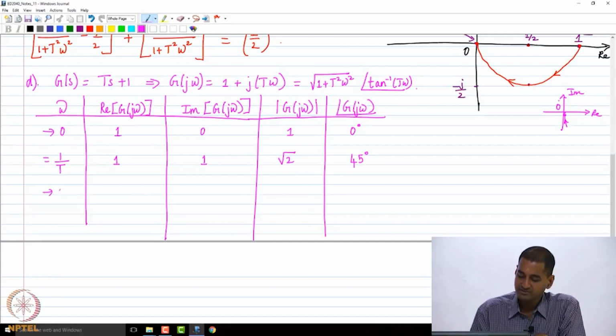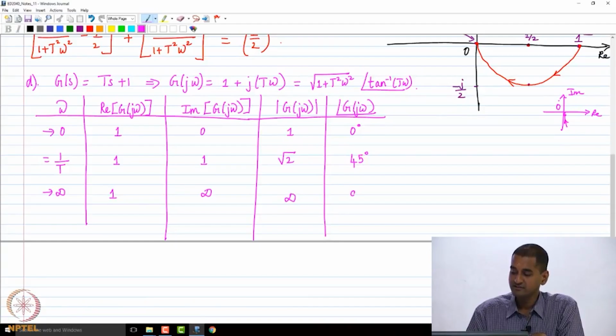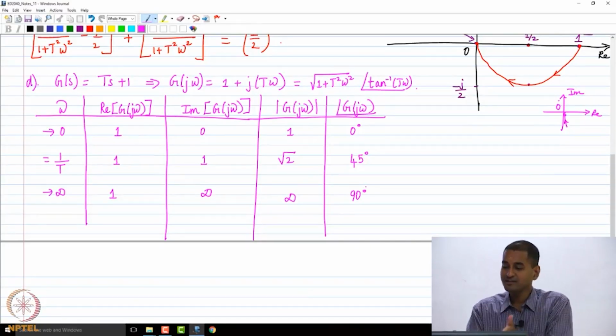Then as omega tends to infinity, what do you get? 1, infinity, infinity, 90. That's what you will have. Am I correct? I am just looking at the equation above, that's all we are doing.